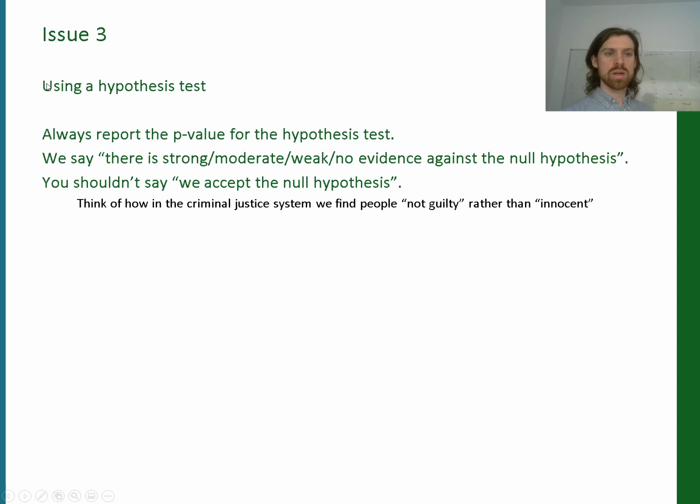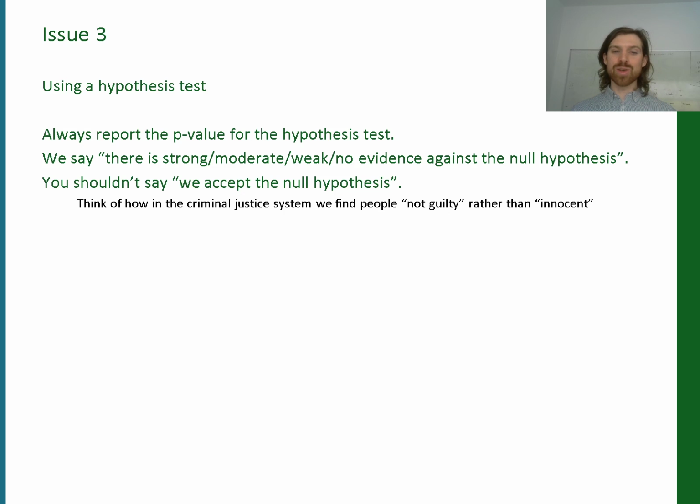Issue 3, using a hypothesis test. We always need to report the probability value, the p-value, for the hypothesis test. And I mentioned this before, that you have to be very careful with how you word your conclusions from the analysis that you carried out. So you need to consistently say that there is a strong, moderate, weak, or no evidence against the null hypothesis, depending on the body of evidence that you found.